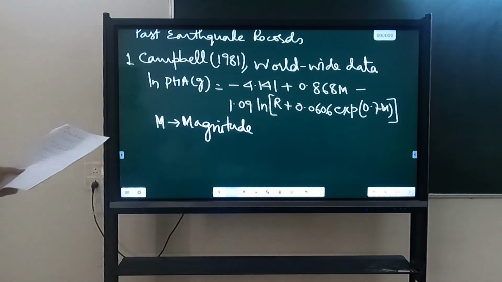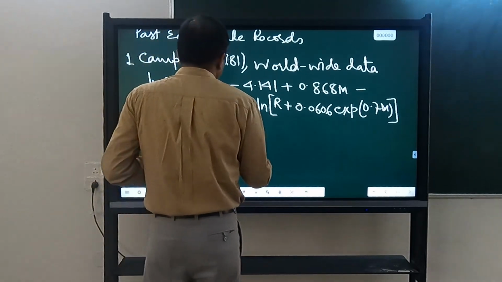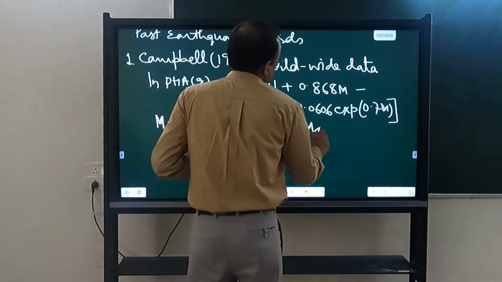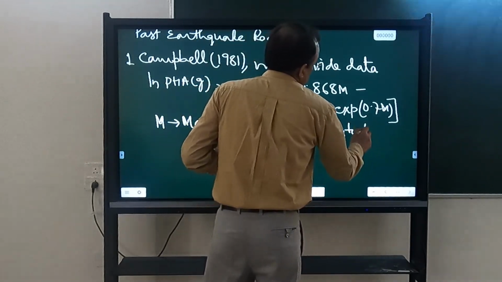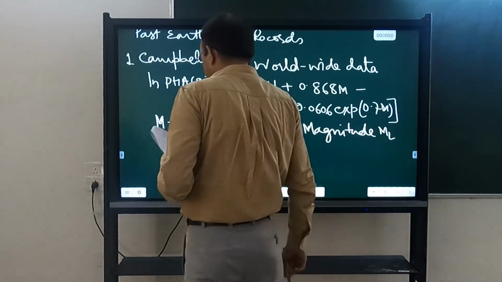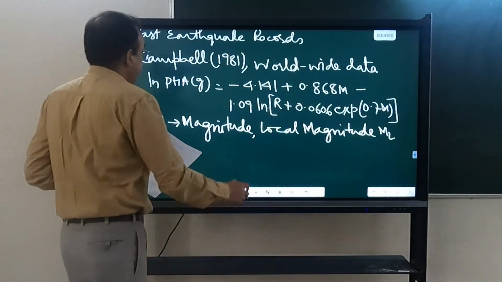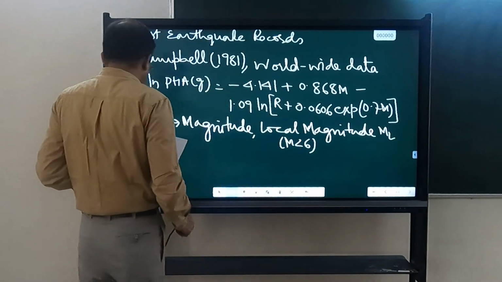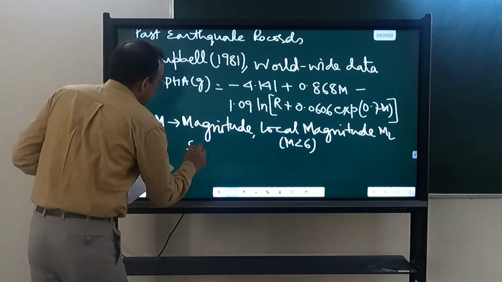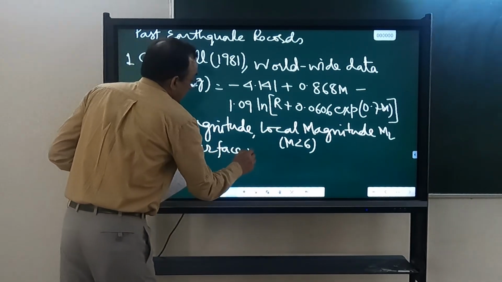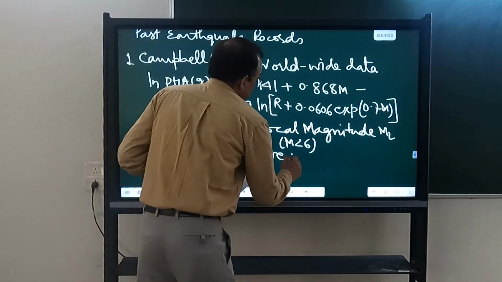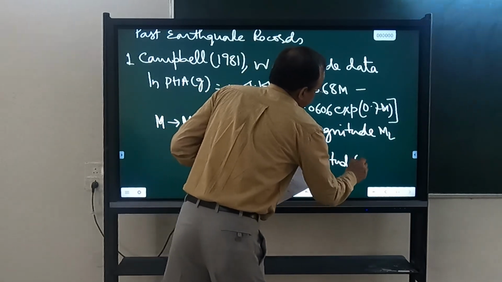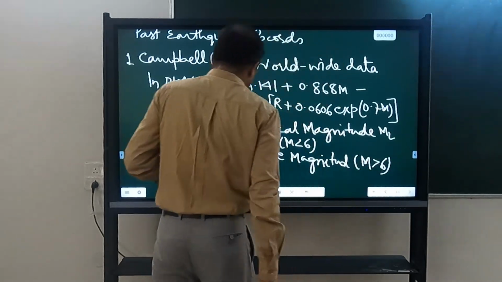So at that time, they considered the Richter or local magnitude if M was less than 6, and surface wave magnitude if M was greater than 6.